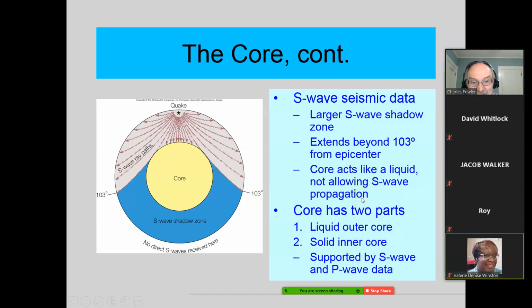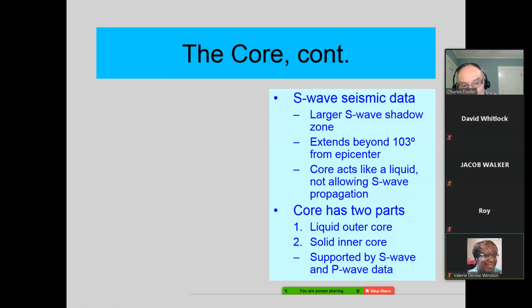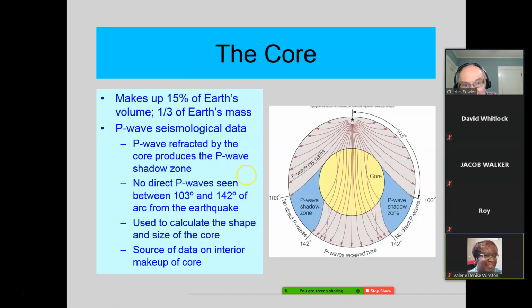Now, the core has two parts, the liquid outer core, the solid inner core. That's supported by the S and P wave data. S wave can't tell you much except that the outer core is liquid. But if you go back to the P wave data, and this contraction in here and expanding back out here, I can't get the cursor to come up.